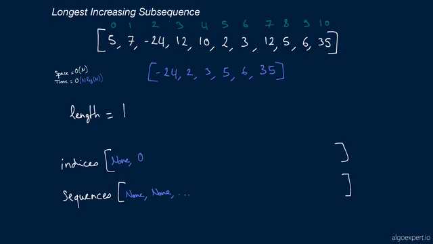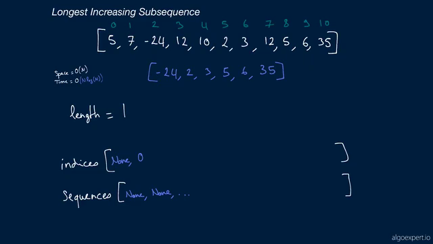For the 7, we're going to ask: what is the longest increasing subsequence that we've stored in this indices array that could end in 7? In other words, we want to find the greatest number that's smaller than 7 that ends an increasing subsequence.